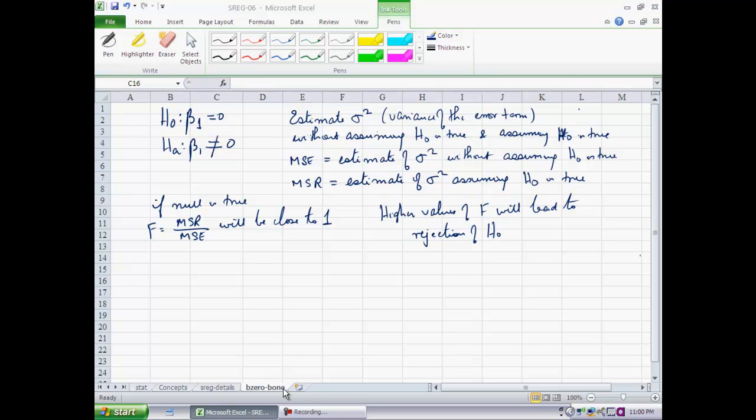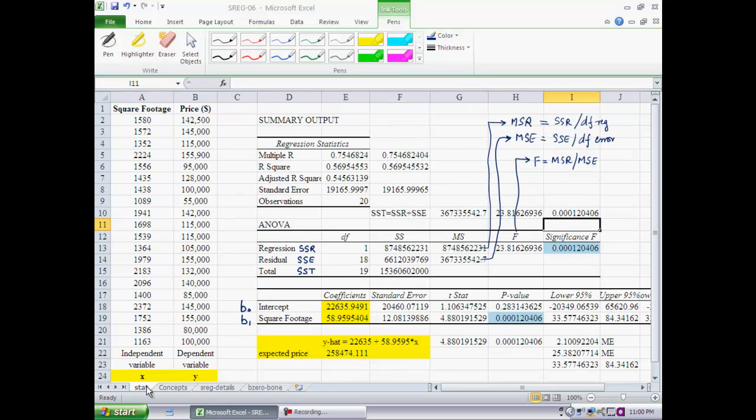Based on what we see in the sample, if I reject the null hypothesis, there is only a 0.0012 probability of my making a type 1 error.